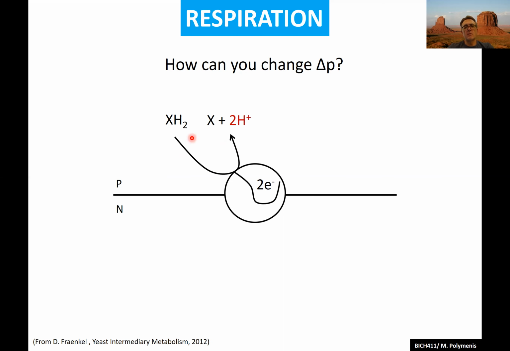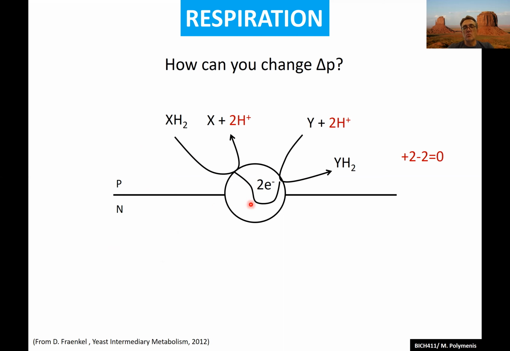Okay, so you have one reaction shown here, and you have the electrons, and they find their way onto some acceptor. If you do that, have you changed the pH, the proton motive force? Have you changed the pH essentially between the inside and outside?